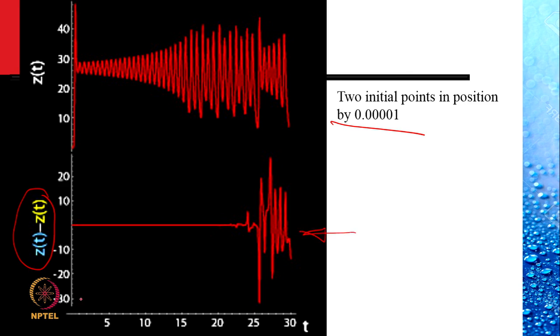Initially, for a very long period, the two solutions are the same. But then they start deviating. And the deviations are quite big, showing that the solutions can be very different even if the initial conditions differ only very slightly.